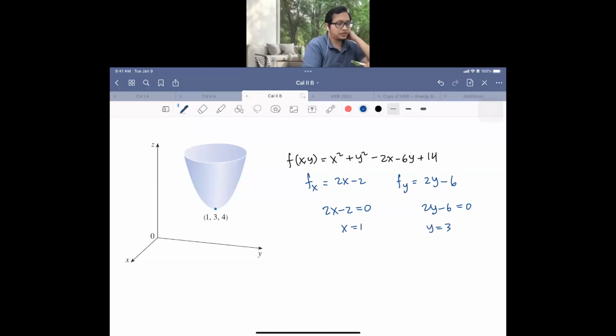So at (1, 3) this will be a critical point. And if we look at the picture, at x equals 1 and y equals 3, it's having the minimum point here.